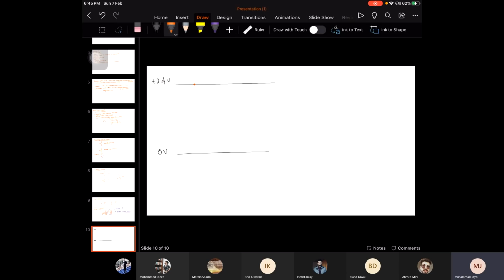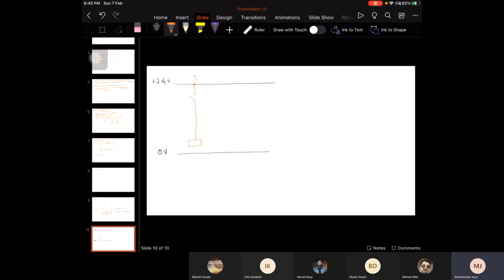So let's suppose this is our network 1. I have a switch over here, which is connected to a relay.